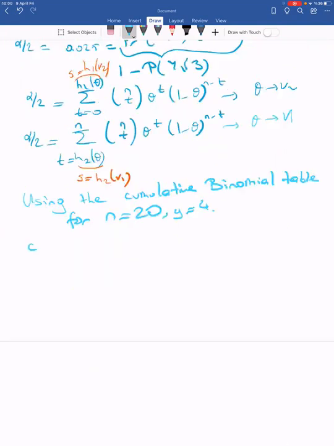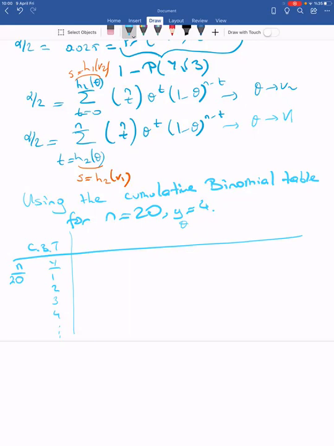Here we have specific theta values. So we go to the n equals 20 case, and y equals 1, 2, 3, 4, and it goes till 20. We specifically want our alpha over two values to be approximately 0.025.